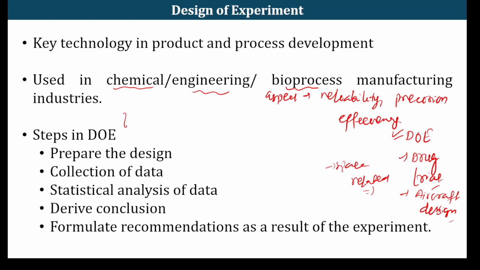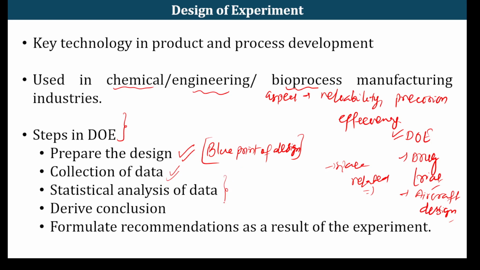So what are the steps in the DOE? First, we have to prepare the blueprint of the design: what are the variables, what are the factors, what are the levels, and what is the response. Then you start the collection of the data.